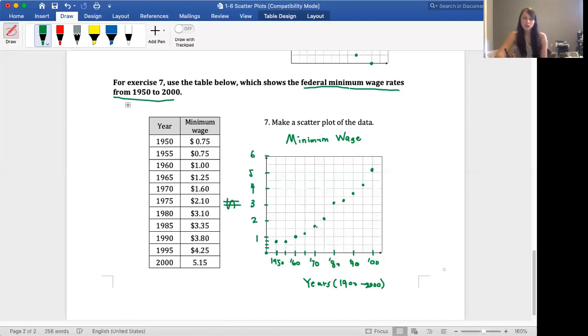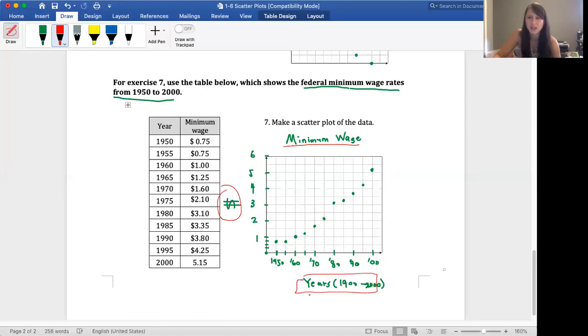So see how my plots don't make a complete straight line, but it shows a general pattern. You're going to have a problem like this on your homework where you have to plot the points from a real life example. What I want to see on your homework is that you have a title, you've labeled your X and Y by the units that you're looking at.